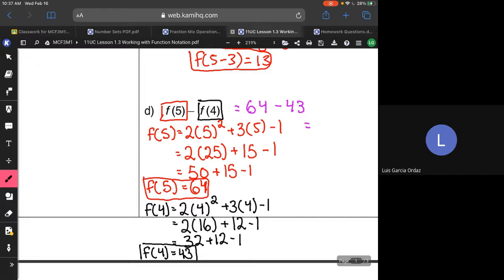Sarah. 21. Nine plus 10, 21. No, you would write this as f at 5 minus f of 4 is equal to 21.